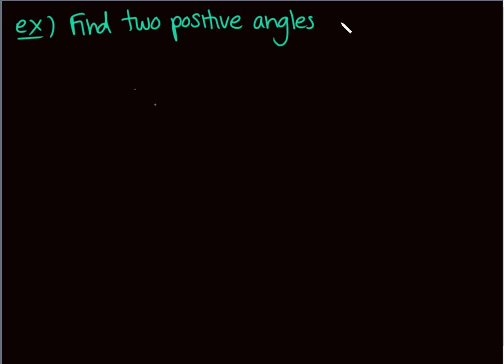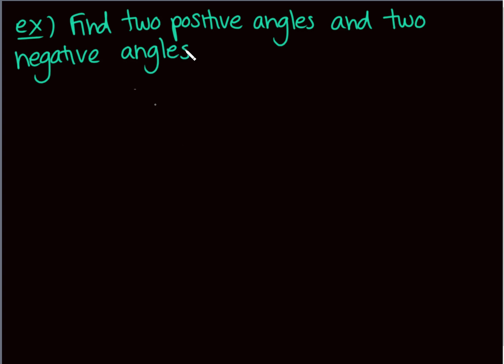Okay, let's just do a quick example. Find two positive angles and two negative angles that are coterminal to the given angle.